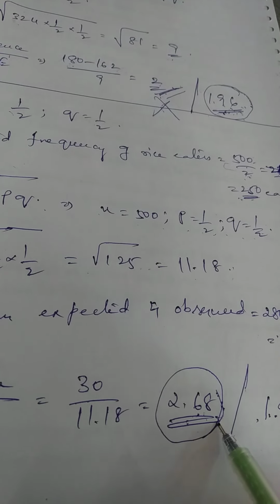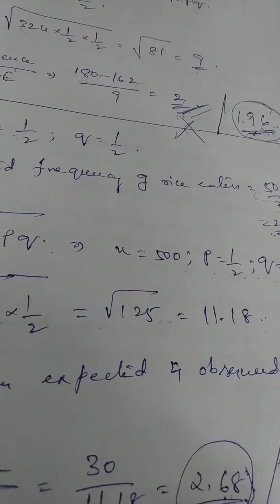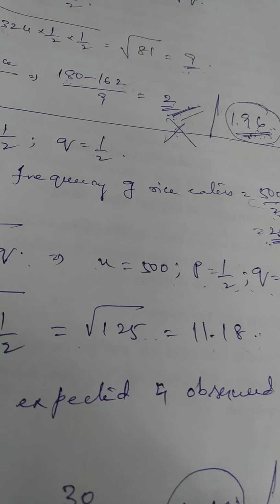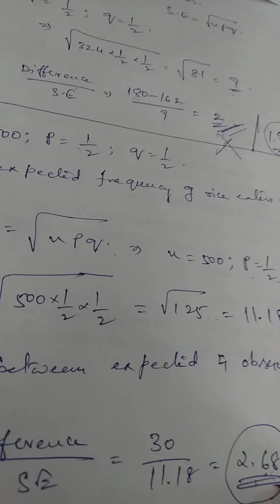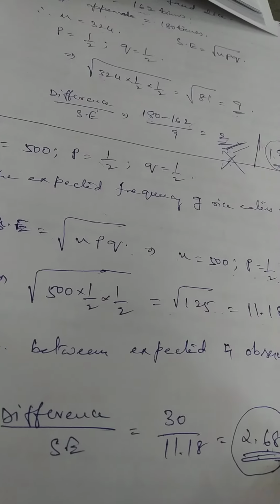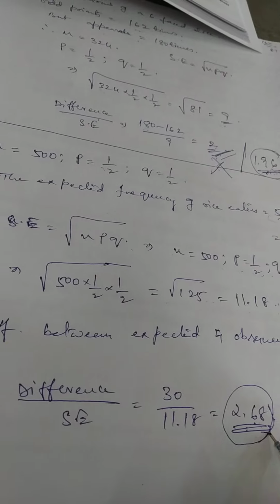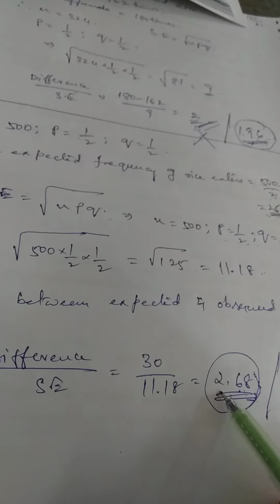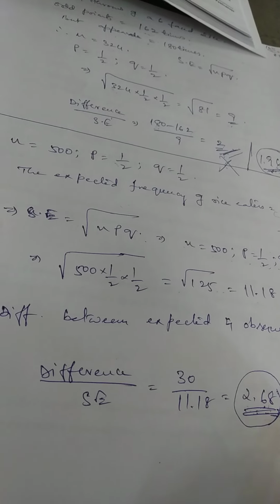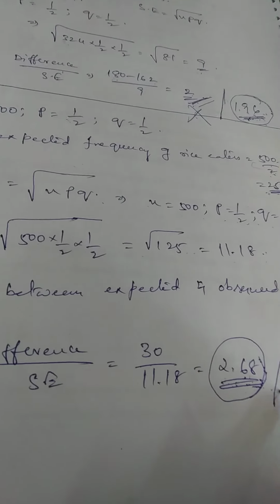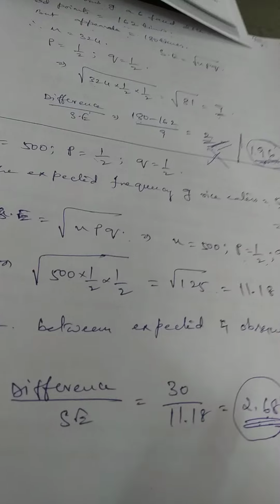The question asked in problem number 3 is, can we assume both food habits of the population are equally popular? Now your answer must be no, we cannot assume, because the standard error difference is 2.68, which is more than 1.96. So your conclusion must be, hence we cannot assume the food eating habits of people of Rajasthan are equal basing on this hypothesis.